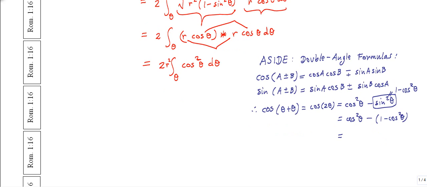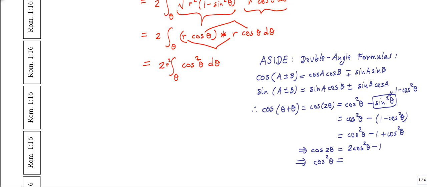So that gives me cos squared theta minus 1 plus cos squared theta. That means that, to summarize, the cos of a double angle 2 theta is equal to 2 cos squared theta minus 1, or what I'm really interested in is that cos squared term.